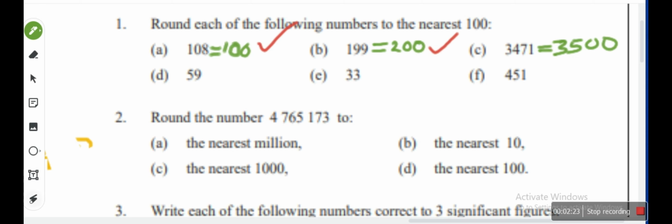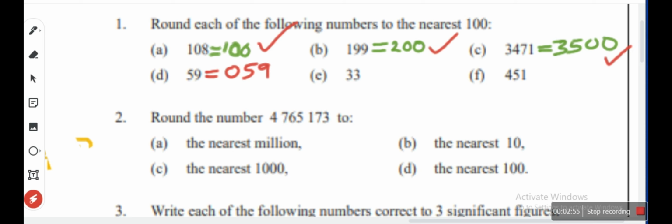Let's go to D. What do you do for D? Okay, this is unit, this is 10. So how will we now find the answer? All right, that's a good one. Do you know that 59 is the same thing as 059? Oh yeah, that's true. Just add an extra zero.